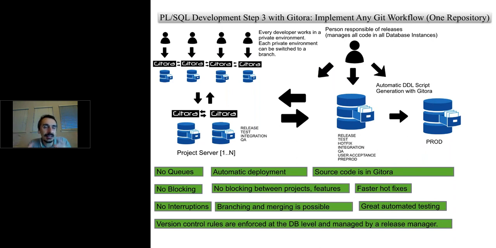And again, the existence of these servers and the hierarchical structure of them depends on your Git workflow, which is a different topic. I'm briefly going to mention what they are today. But look at the picture now. We have no queues, no blocking, no interruptions. We got full merging and branching capabilities, great automated testing.